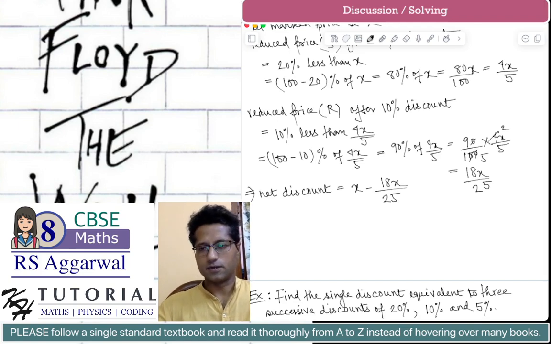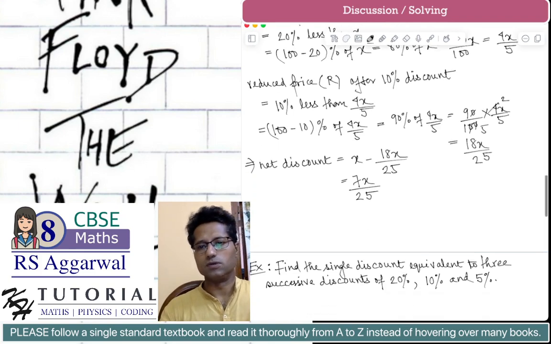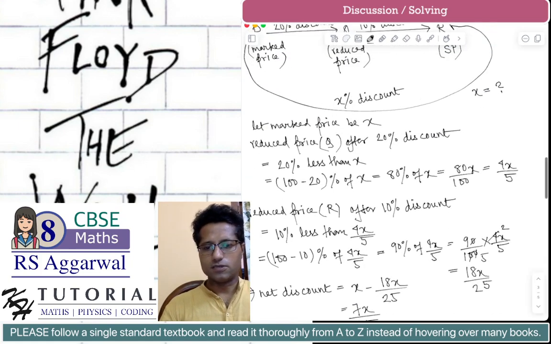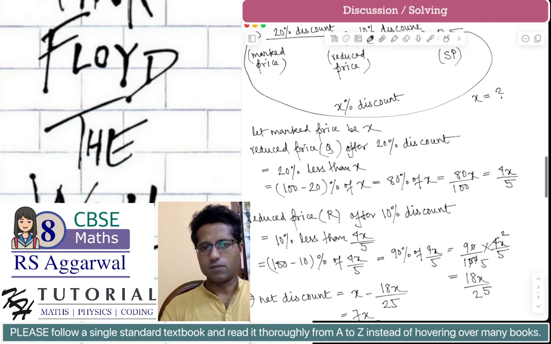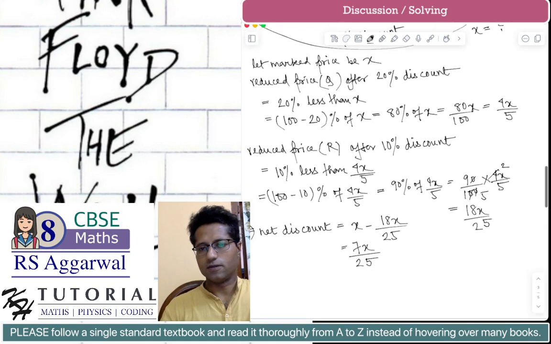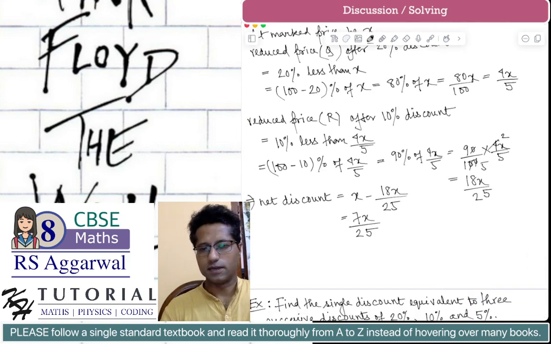The net discount will be X minus 18X by 25. This is 7X by 25. This is the net discount, that is the discount that happened from the mark price X up to the final price R, which is 18X by 25.